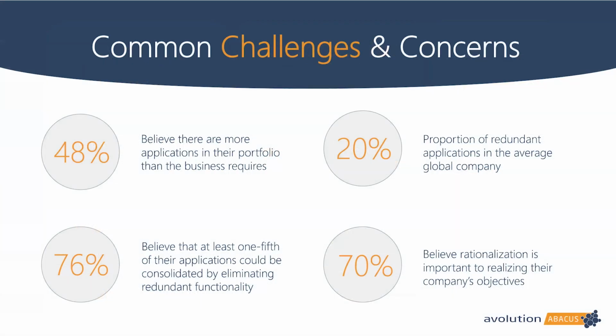Now, there are some common challenges and concerns that we've found, and of course, industry experts and leaders have found around application portfolio management. Unsurprisingly, I'm going to say every single organization we deal with goes through the use case, if we want to call it that, of application portfolio management or application transformation or rationalization. Really, how do we get a hold of the things that our organization is using and what they're using them for?